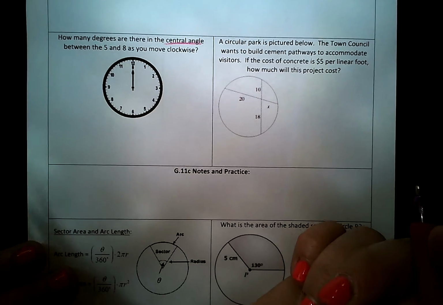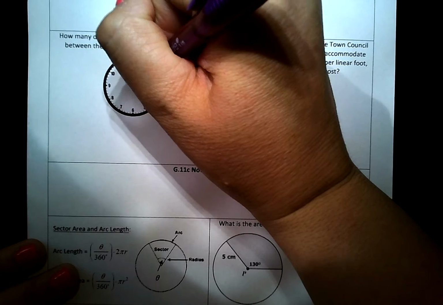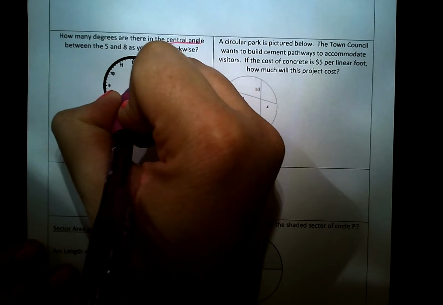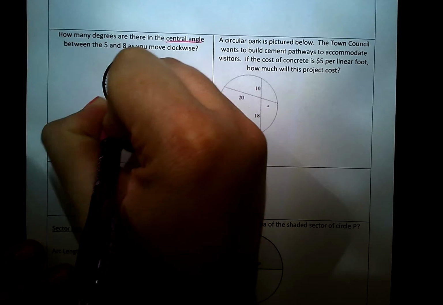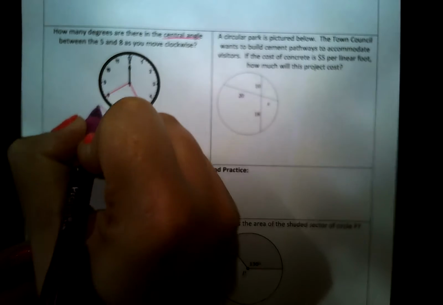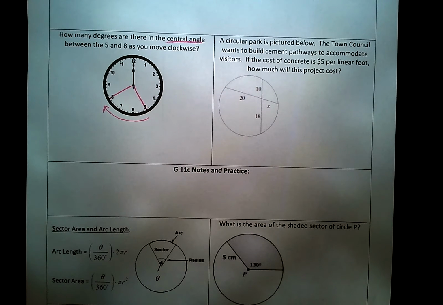How many degrees are there in the central angle between 5 o'clock, there's 5 o'clock, and 8 o'clock as you move clockwise? So we're going this direction. All right, well, what do we know about clocks? There are 12 hours on the clock.